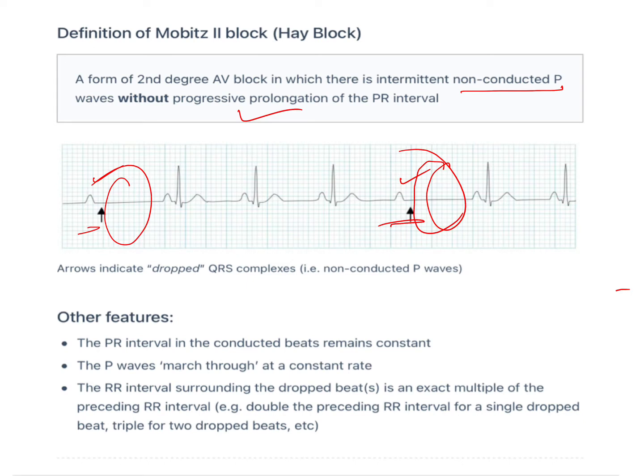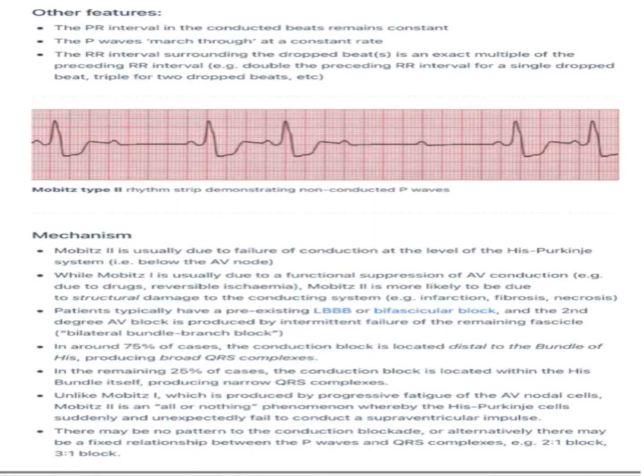We will get intermittent non-conducted P waves, and there will be no progressive prolongation of the PR interval. And the RR interval surrounding this dropped beat will be almost double the preceding RR interval. I hope it is clear now.